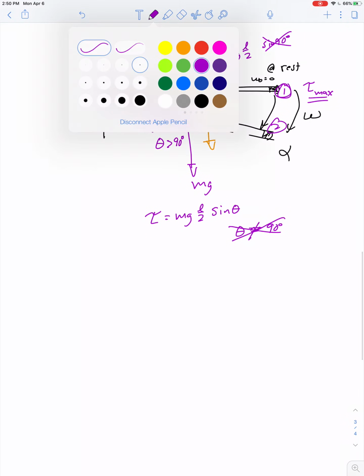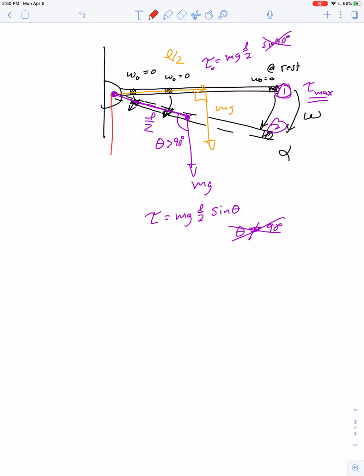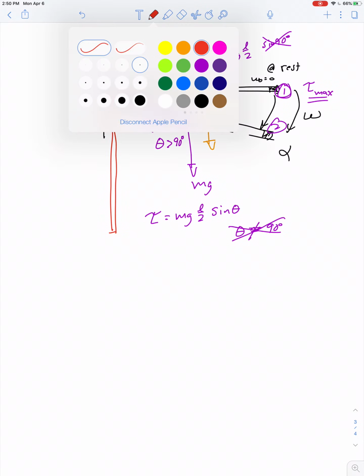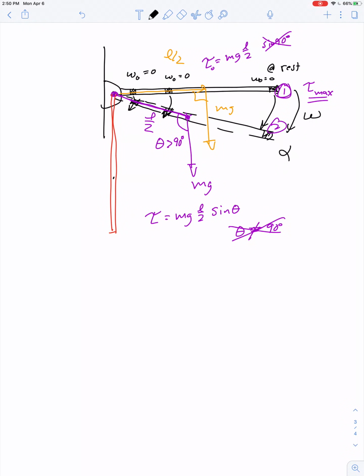And by the way, once the beam has gone completely vertical, well then what? Now how much torque is acting on it at this instant? I would say that there's still a force of gravity that acts at the center of mass. And I would say there's still a lever arm from the axis to the center of mass of L over 2. But now the angle between those two is equal to 0 degrees, and the sine of 0 itself is equal to 0.